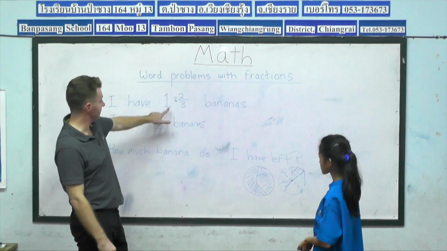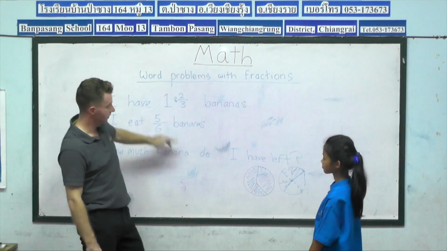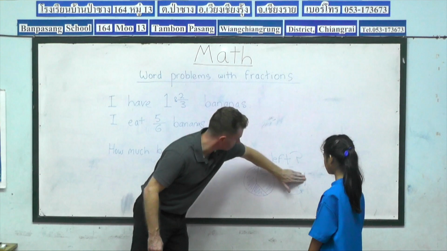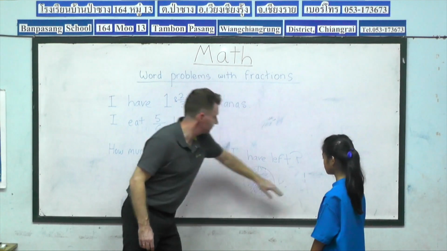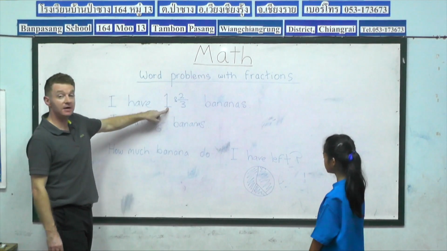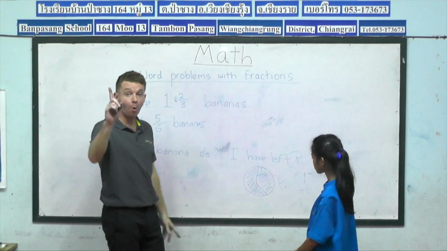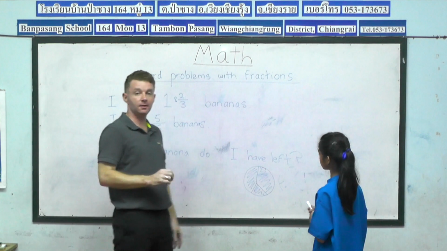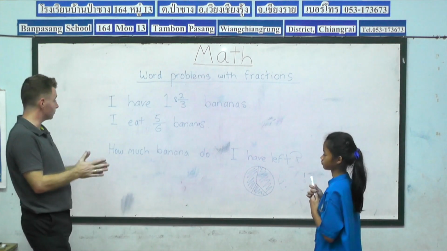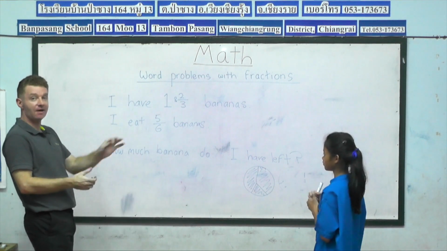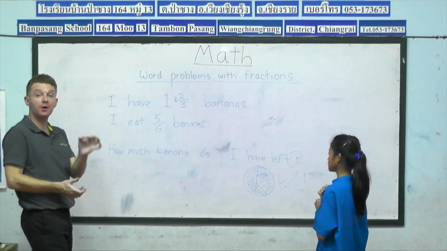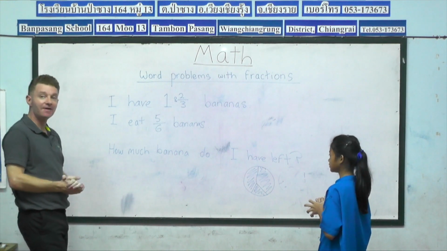Okay, you can see here we have the 1 left, so we can remove this circle completely. Down is now left with how many bananas? 1. 1 whole banana. So we can answer Down's word problem by saying, I have 1 banana left.